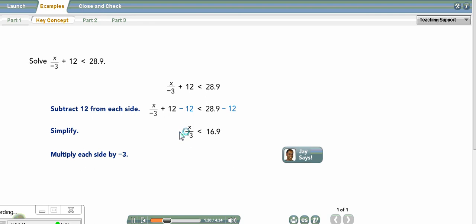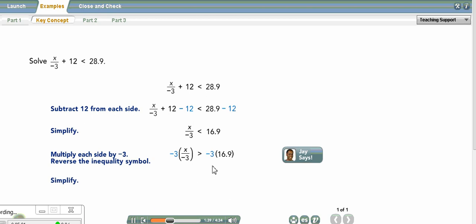So we need to multiply by negative 3 to each side. No, wait, when we multiply, what do we need to do? If it's a negative, that's right, we need to change this sign to the other direction.